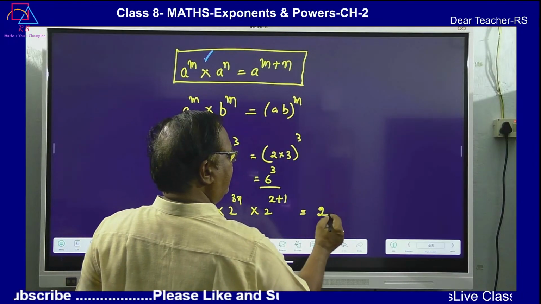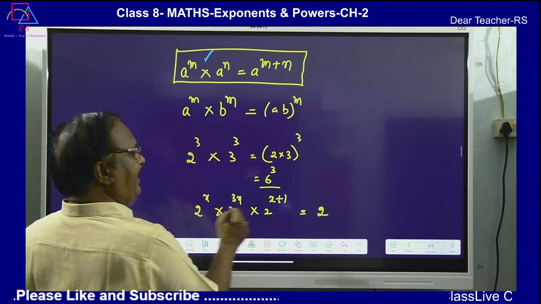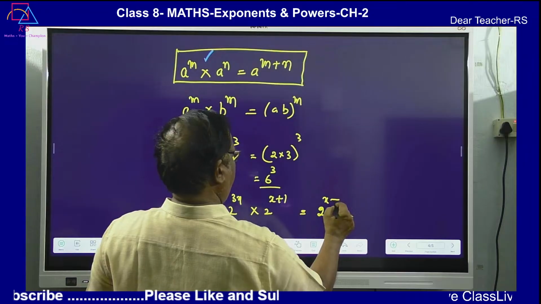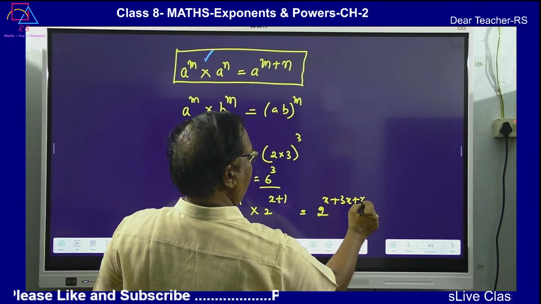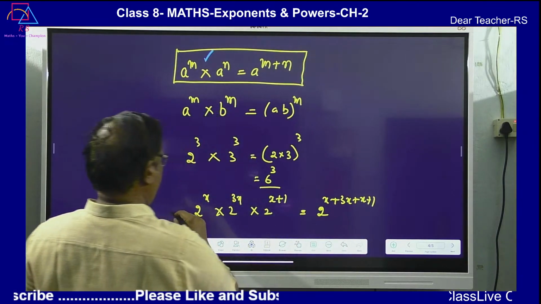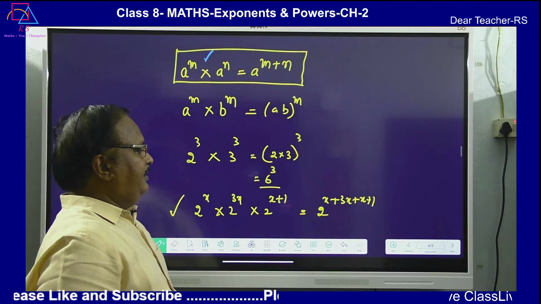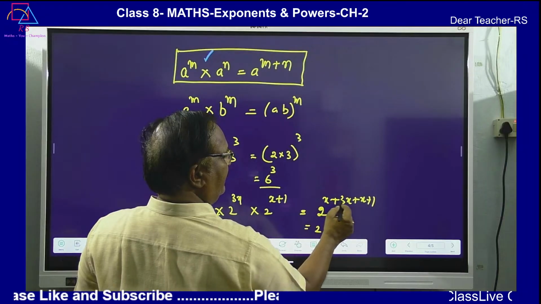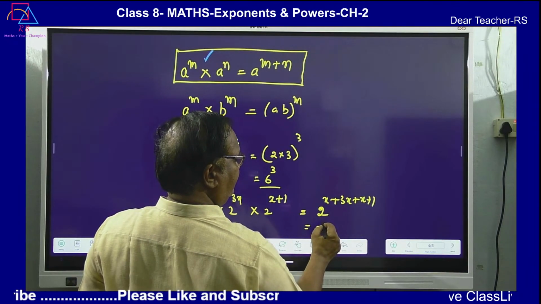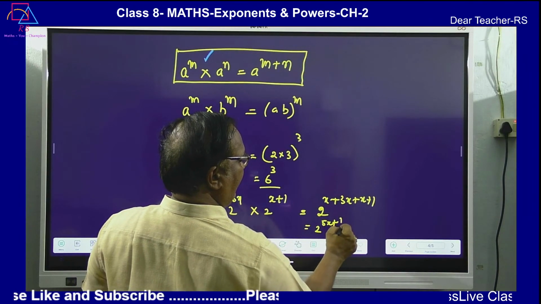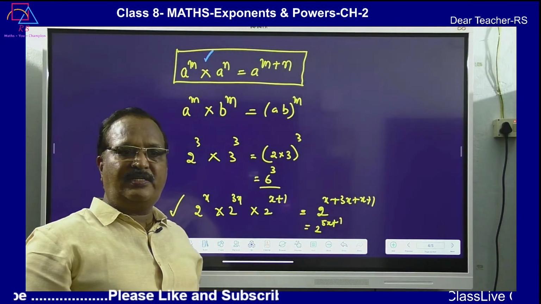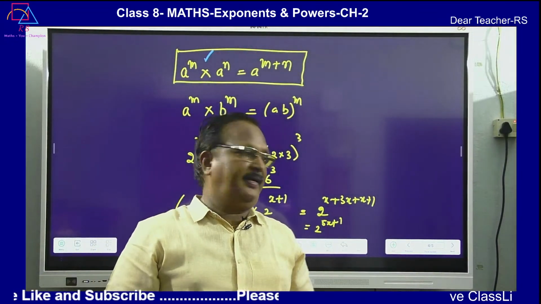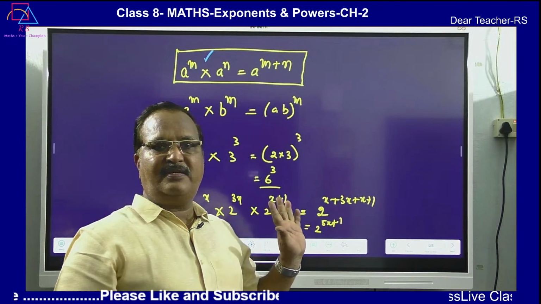Same base, you can add all the powers: x plus 3x plus x plus 1. This is the first formula. So x plus 3x is 4x, 4x plus x is 5x, and you cannot add 1. 1 is a constant. All x terms can be added. 1 cannot be added with 5x.